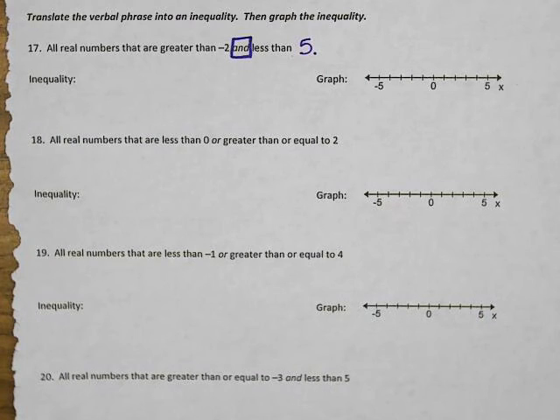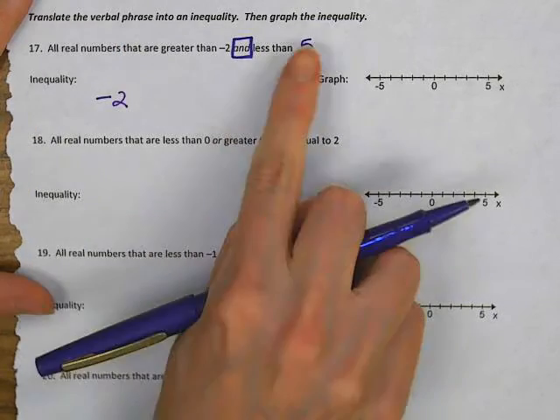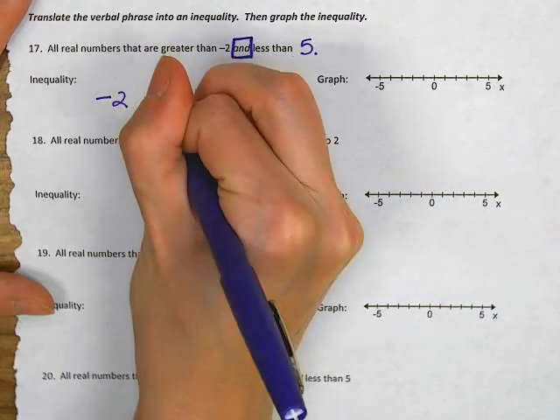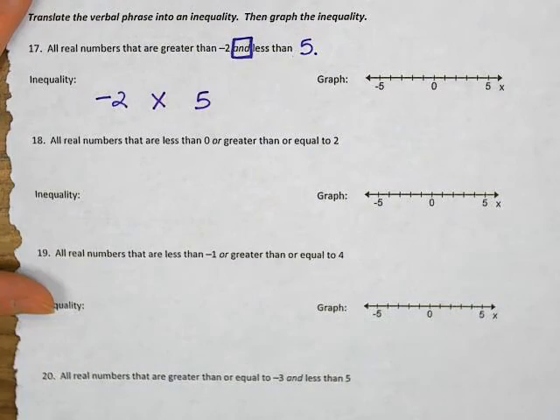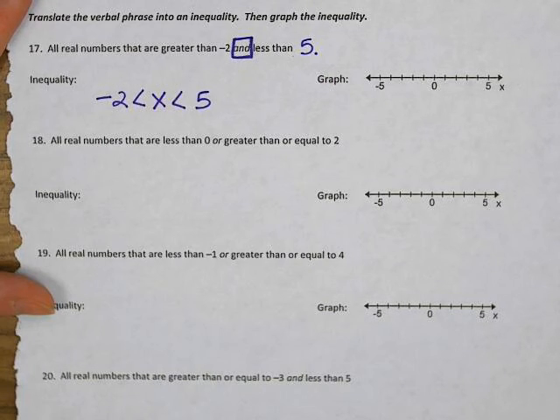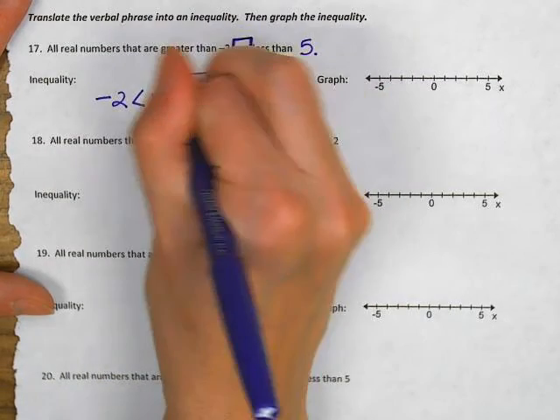Okay, so when you're writing a less than sandwich, the smaller number goes first, the bigger number goes second, the x goes in the middle, and they're always less than symbols. Now you just have to check, do any of them say or equal to? No, so this is good.